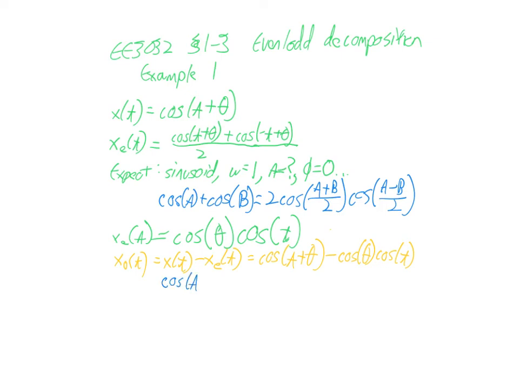We have cosine a plus b is equal to cosine a cosine b minus sine a sine b. Now we're going to use that trig identity to break this into simpler pieces and hopefully get some cancellation with this on our way to determining our final answer.